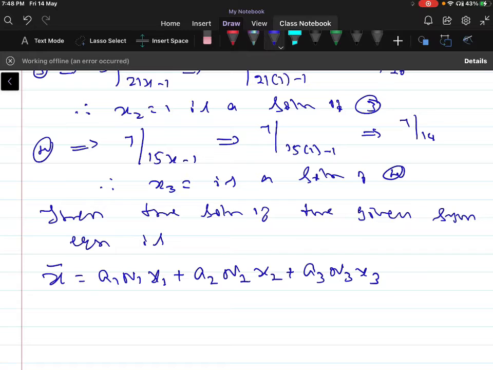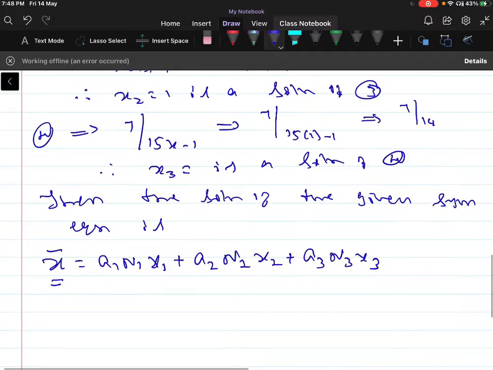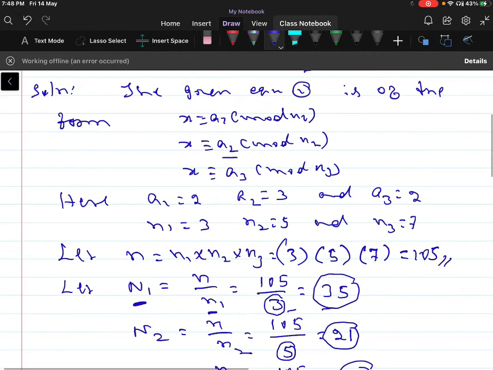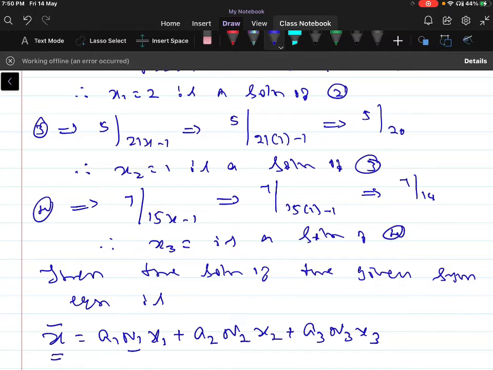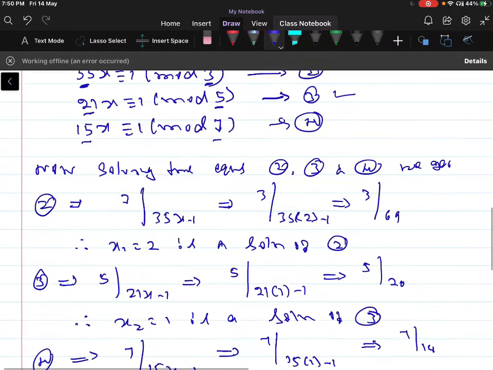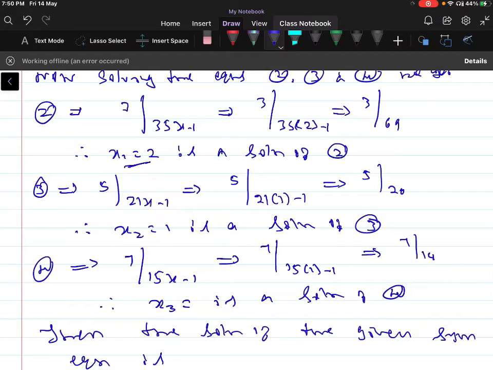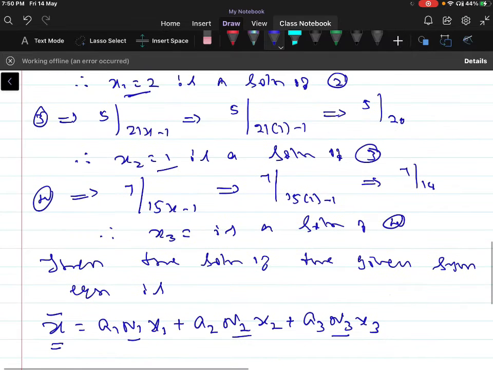So the solution of the system of equations can be written as x bar is equal to a1 into n1 x1 plus a2 into n2 x2 plus a3 into n3 x3, where a1 is 2, a2 is 3 and a3 is 2, and where n1 is 35, n2 is 21 and n3 is 15, corresponding x1 is 2, x2 is 1 and x3 is 1.